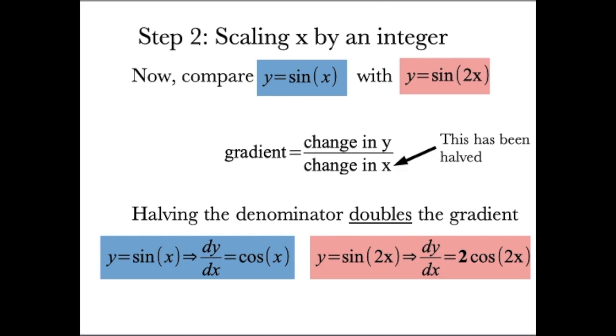So what's happened here is the gradient has been doubled. So if we differentiate y equals sine x to get cosine of x, differentiating y equals sine of 2x gives twice the cosine of 2x, because squashing the x-axis doubles the gradient.